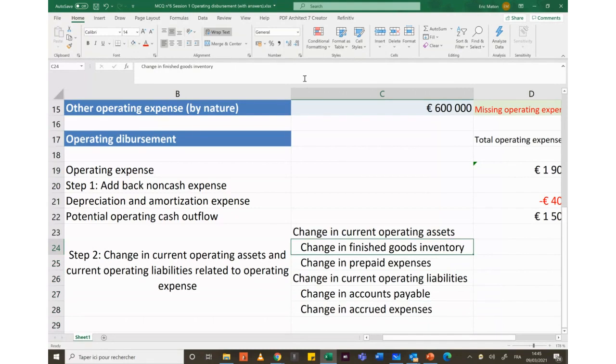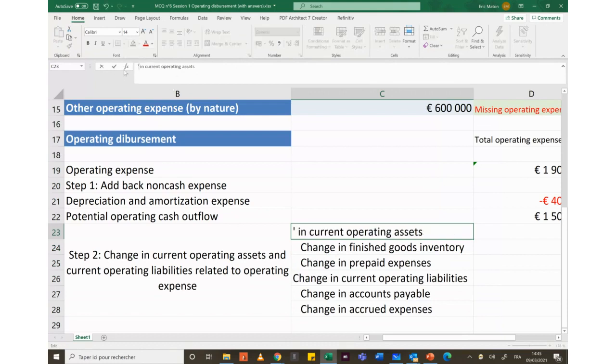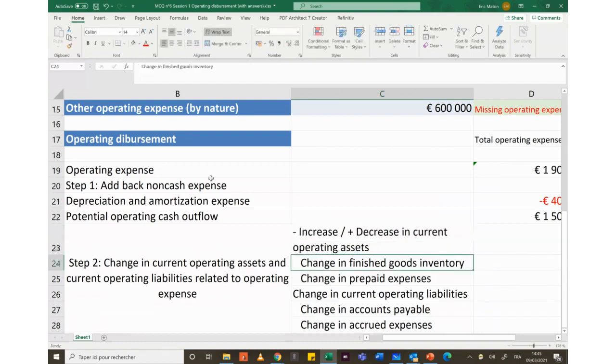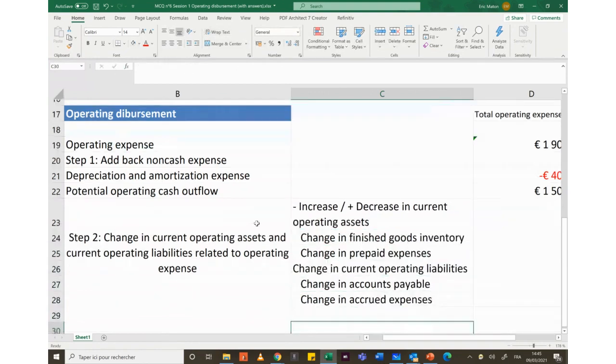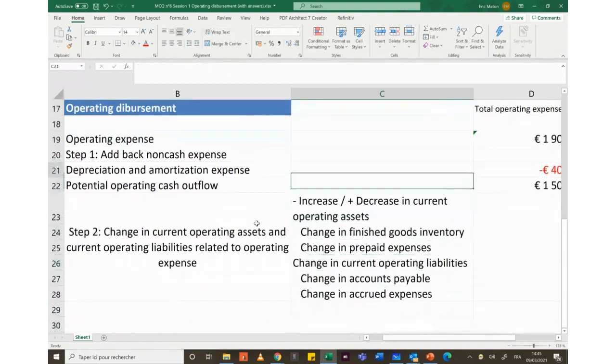So for the change in current operating assets, when we have an increase it is negative, so minus the increase or plus the decrease. When we have operating liabilities, it's the reverse here. We are talking about expenses. So we do the reverse.